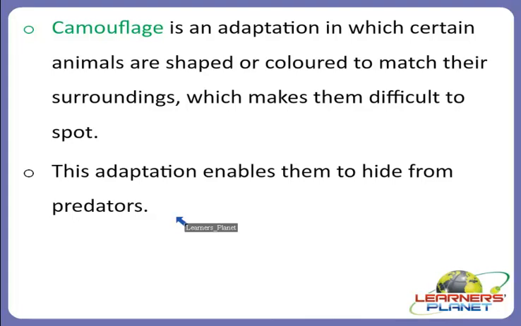Sloths are among the slowest moving animals of all. They hang from branches in the forest, and they are so still that predators such as jaguars don't see them. They are not able to see them. So how beautifully they have adapted themselves. So this is one example.